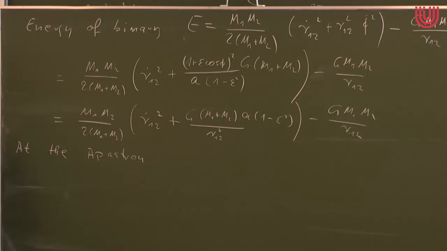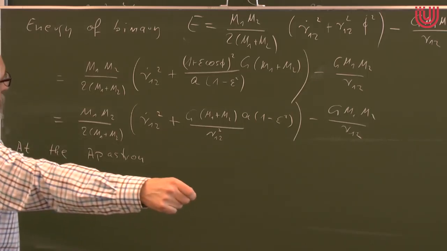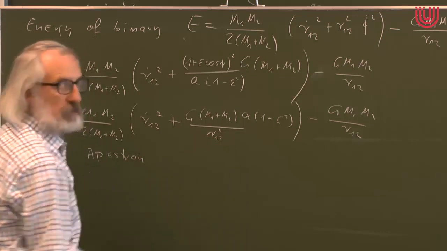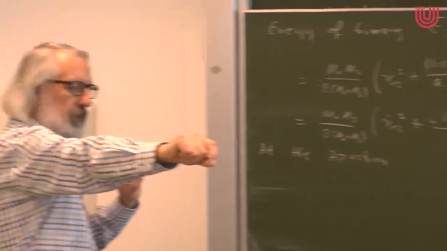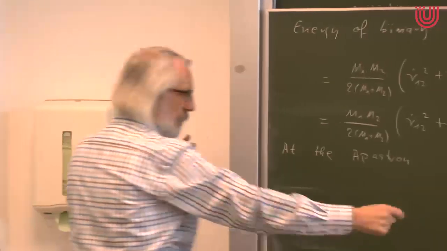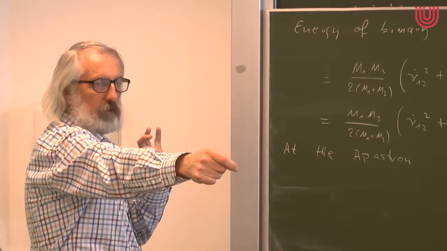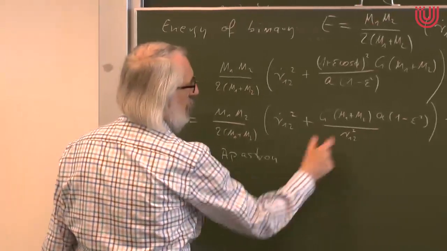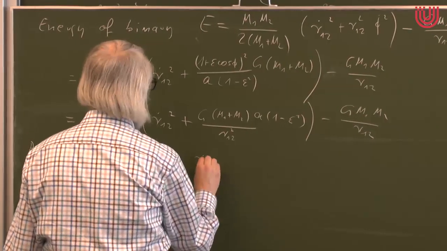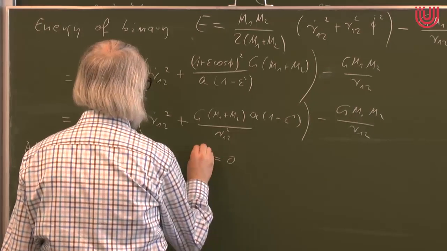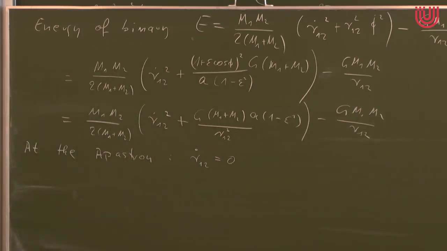It's the moment where this connecting vector R12 has its maximal length. If I had just the motion and the potential, then I would say from the center of the potential to the moving body in the upastron position, I have the maximal value. Here it's about the relative coordinate, so I have to say the relative coordinate takes its maximum value. Then of course R12 dot is 0, because it's the extremum, the maximum.